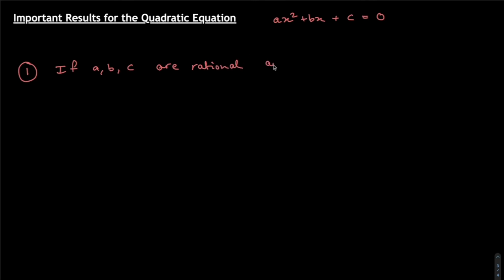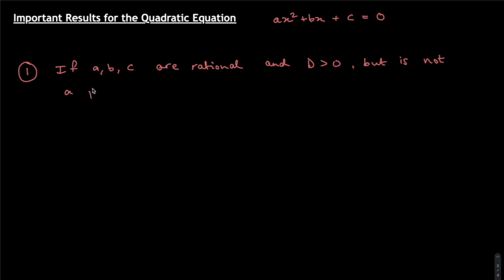And my discriminant is greater than 0, but it is not a perfect square. Perfect squares are 16, 9, 4, right? Those are perfect squares.